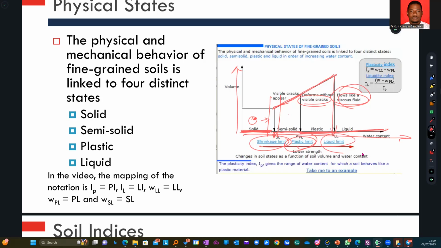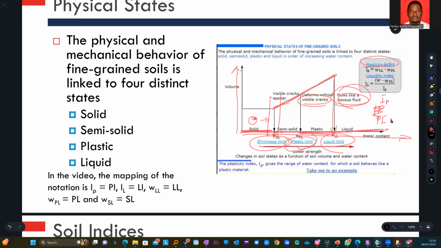So with these things, there are some stuff we can get from them. We can compute what we call the plasticity index. Other people will write it IP, some people will write it PI. Whichever one you want to use, there's no problem.